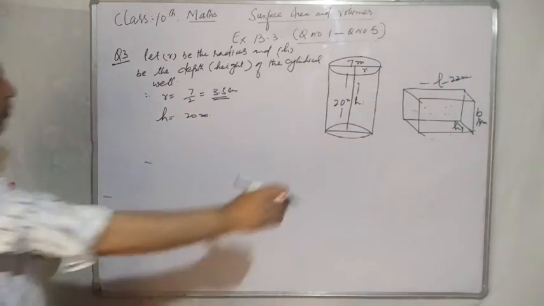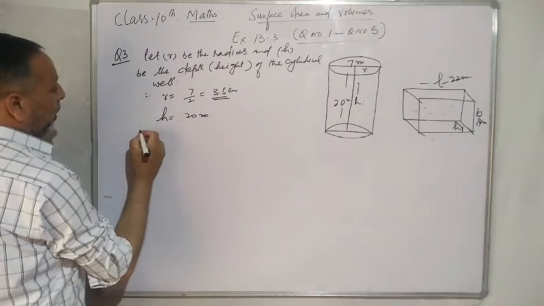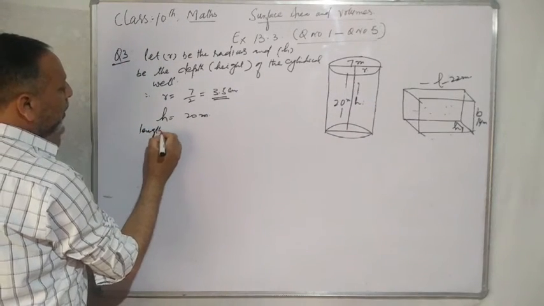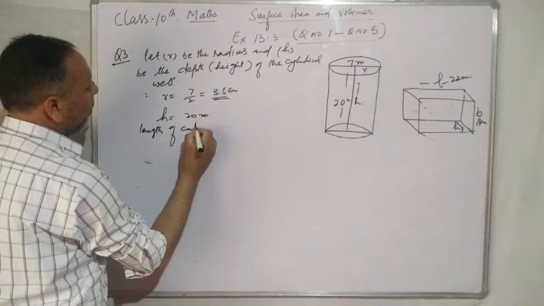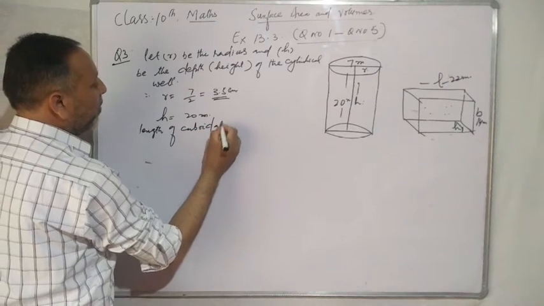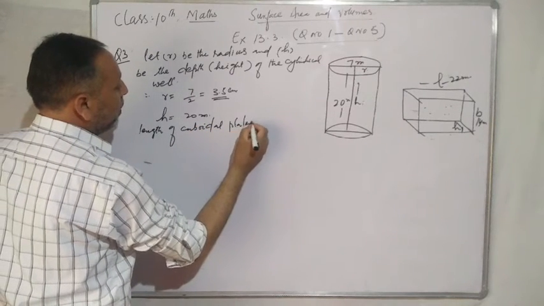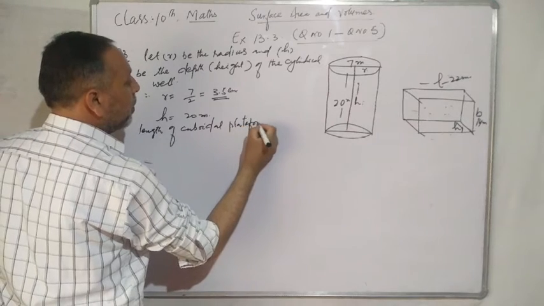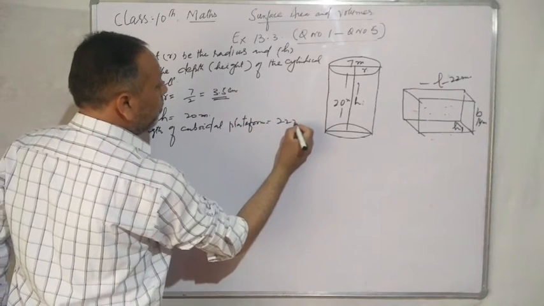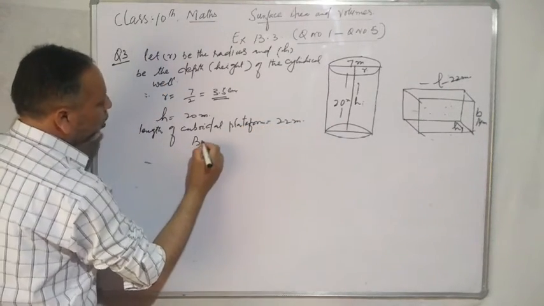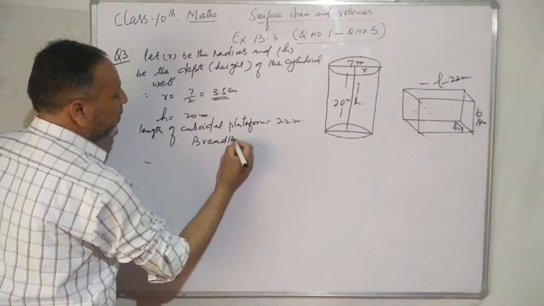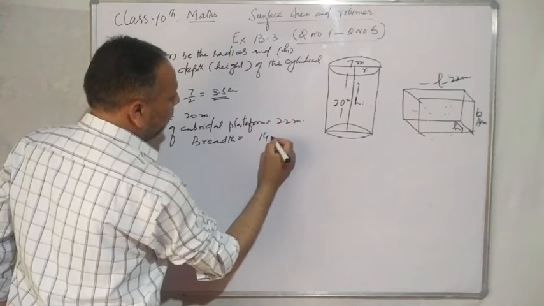Now, length of cuboidal platform, it is 22 meter. इसकी जो breadth है, the breadth of this platform is given to be 14 meter.